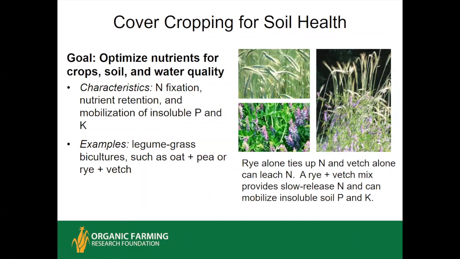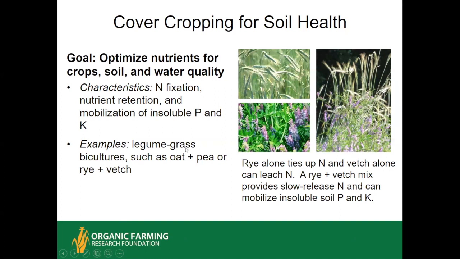And some parts are low in nitrate, so low that maybe the next crop is going to suffer some nitrogen limitation. Well, if you have rye and legume, or a grass and a legume growing together, wherever the soil is rich in nitrogen, the grass is going to suck it up and is probably going to dominate. You won't see that much of the legume. And wherever the soil is short in nitrogen, the grass is going to grow slower, and the legume is going to start fixing as much nitrogen as it possibly can. So you'll have a leveling effect.